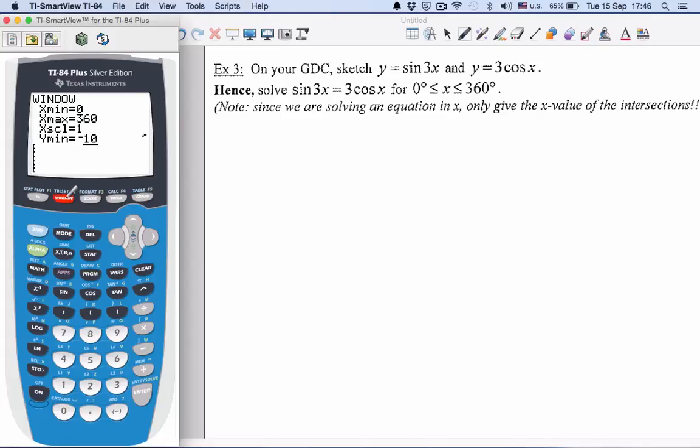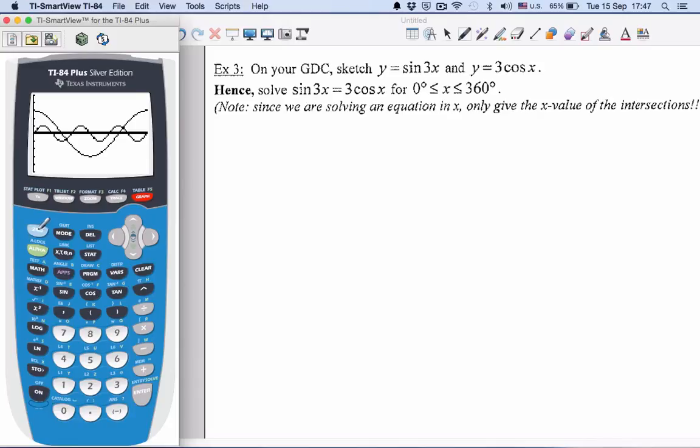If you want, the y values of the function doesn't quite get there to negative 10 or 10, so you can type in maybe negative 5. Uh-oh, not negative 5. Negative 5 to 5. Maybe you can see it better then. There, so it intersects here and here.